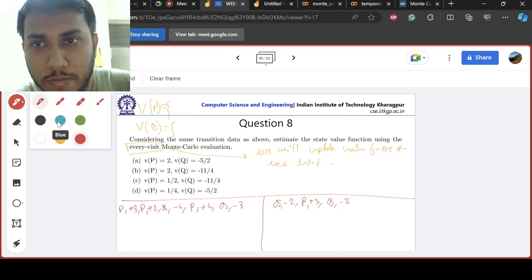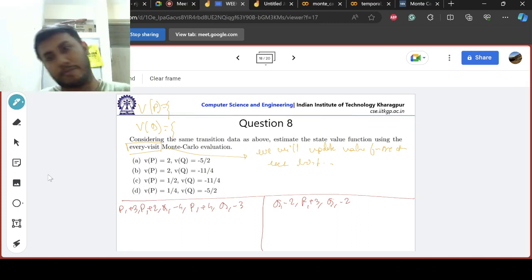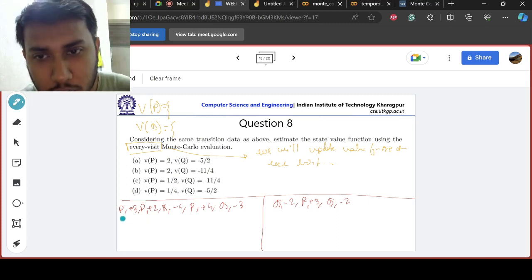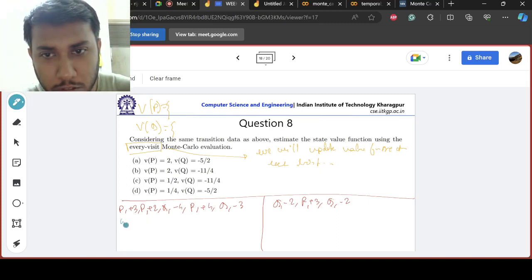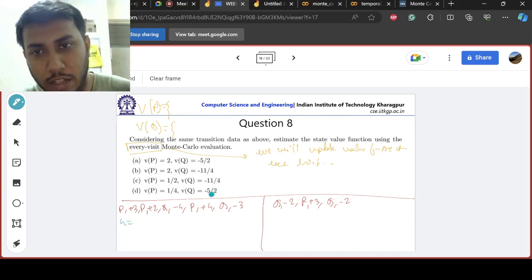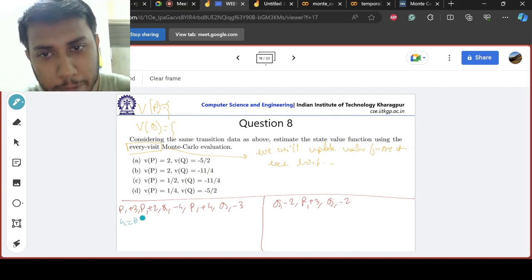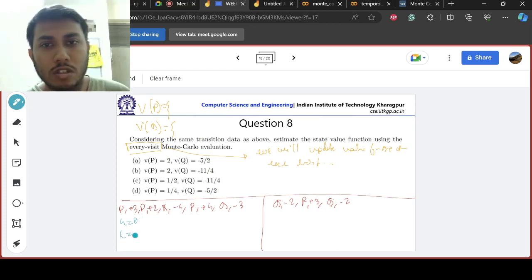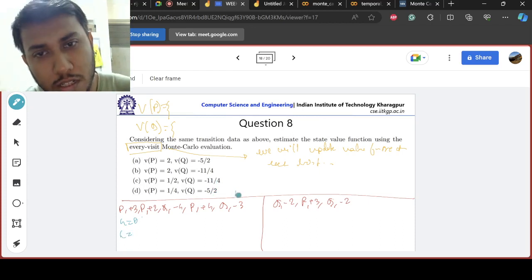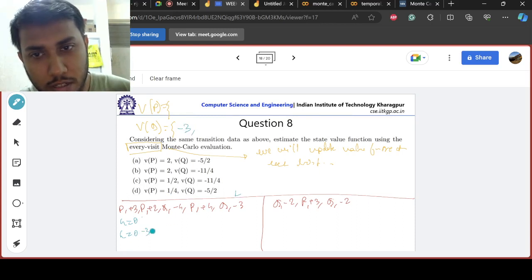Let me use some different color. Let's start with the G value. Initially the G value will be 0, fine. Then G equals, start from here again, 0 minus 3, and we update the value of Q, that is minus 3, what we observed here.